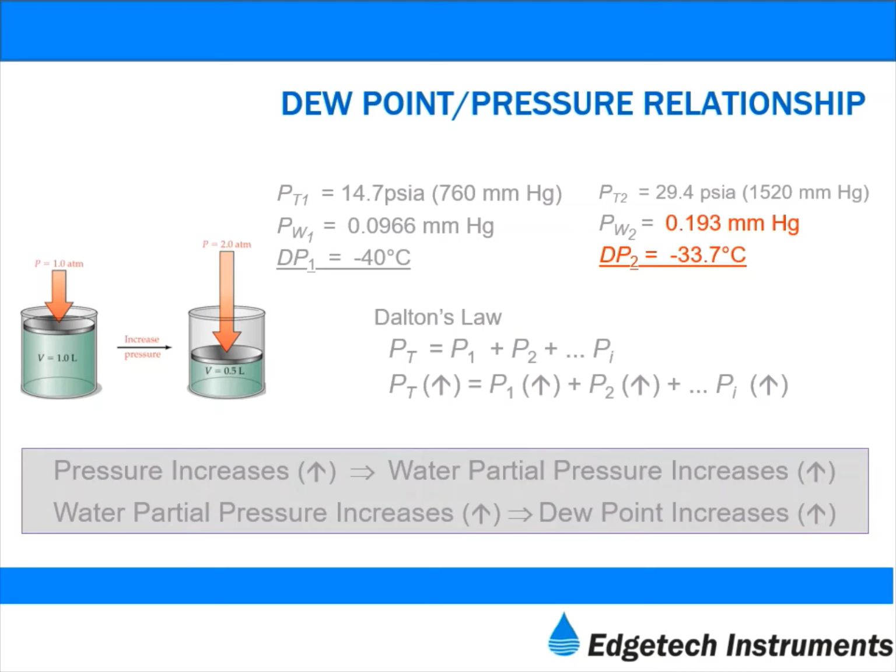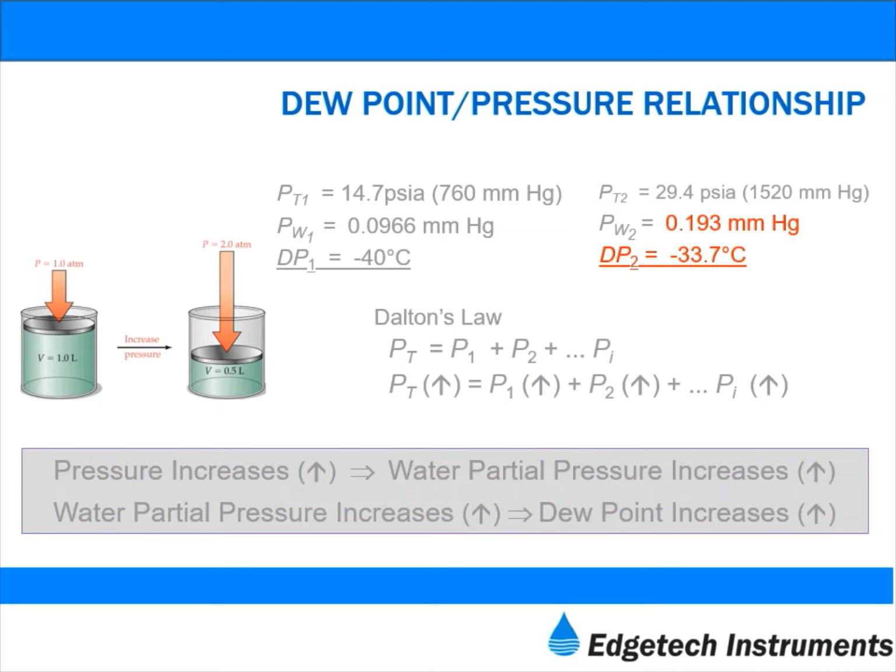So the takeaway here is dew point is a function of pressure, period. If somebody tells you they have a certain dew point, the next question you would normally ask would be, what pressure is associated with that dew point?